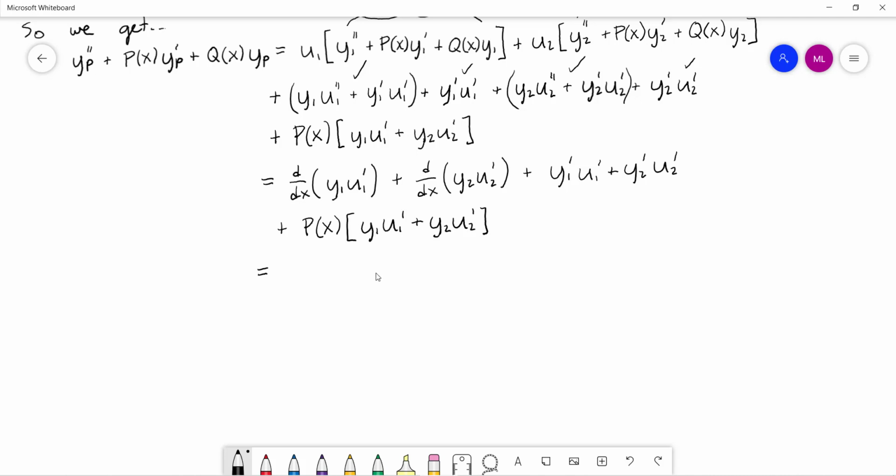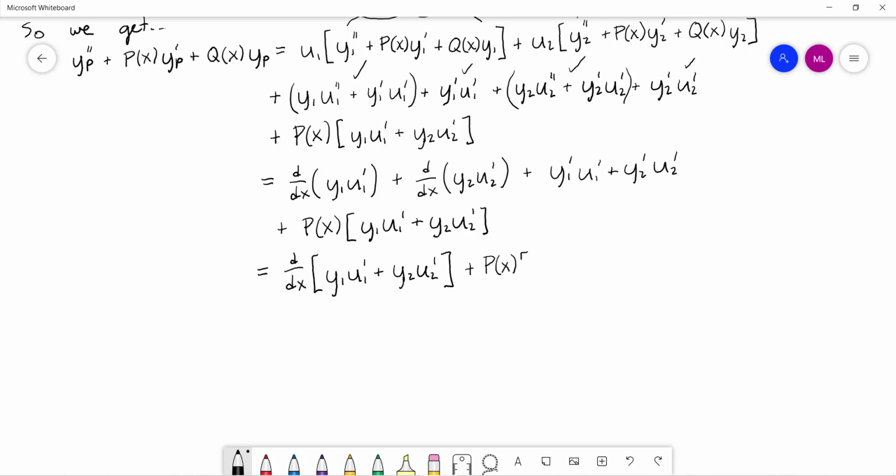Let's group things up one last time. I'm going to group these derivatives together because we're taking the derivative with respect to x of this and this. Let's group that into one big term. So d dx of the y1 u1 prime plus y2 u2 prime. So there's those two terms. Let's do the p of x term now.